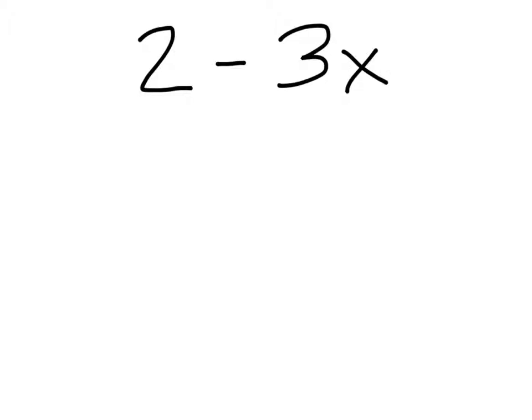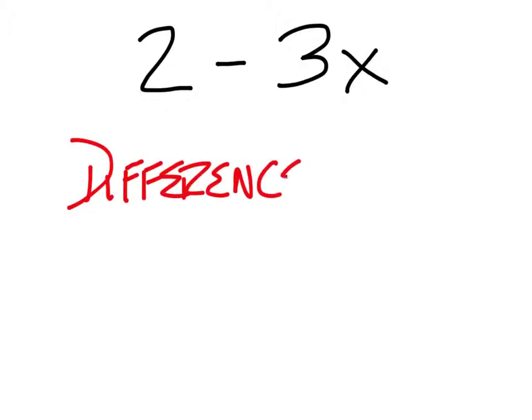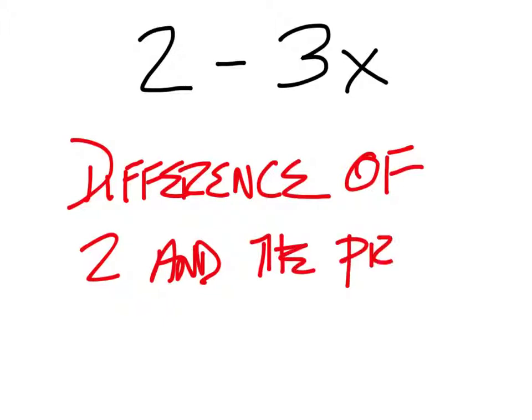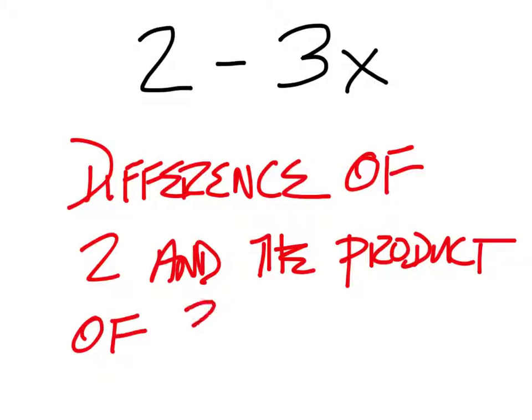You can say this a simpler way using a word that starts with D. The difference between 2 and the product of 3 and a number. The difference of 2 and the product of 3 and a number. That is right.